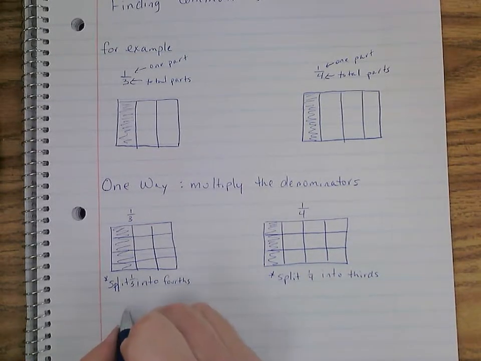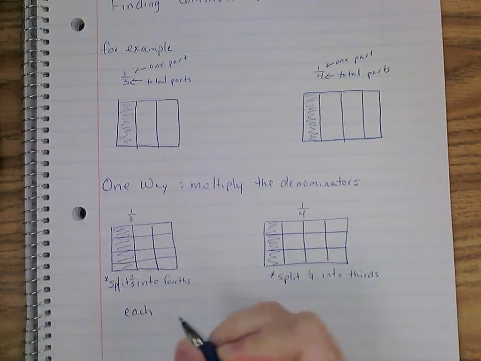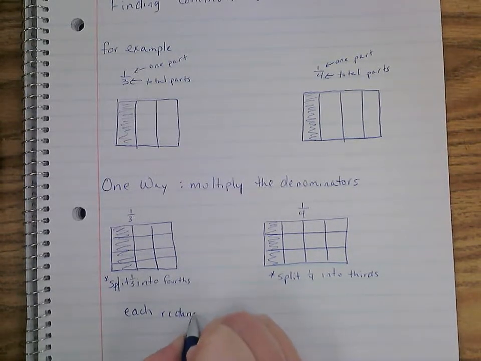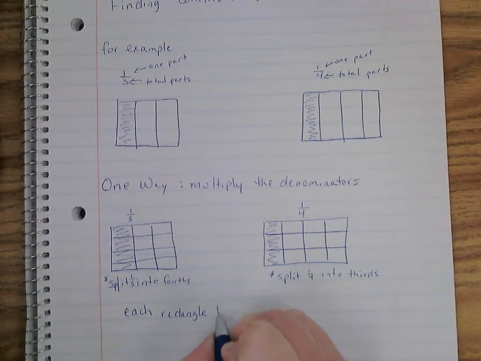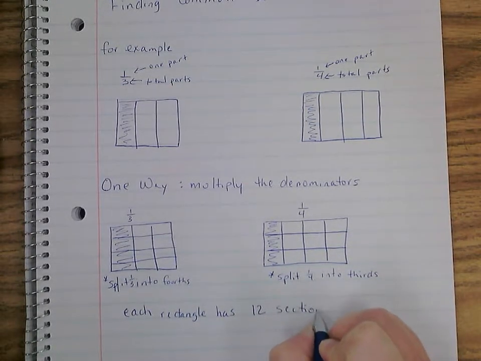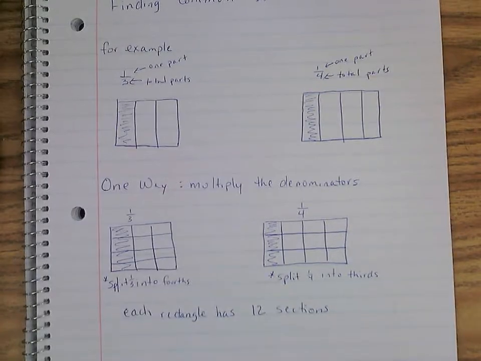So each rectangle has 12 sections. So now they have the same amount for each. They're broken up to the same number of pieces. So now it makes it easy to compare, it makes it easy to add, it makes it easy to subtract.